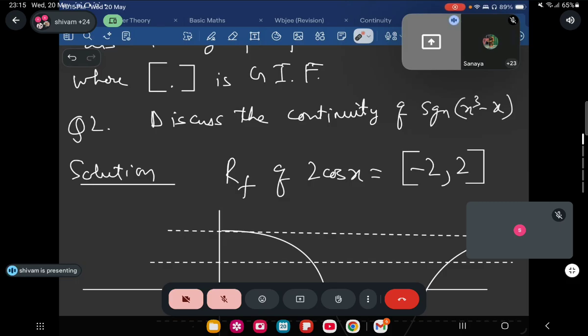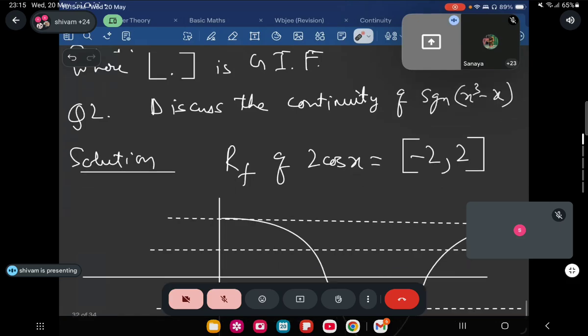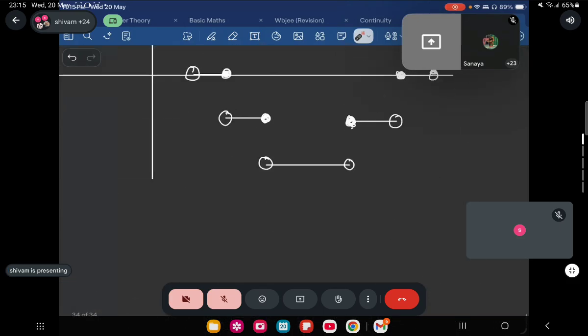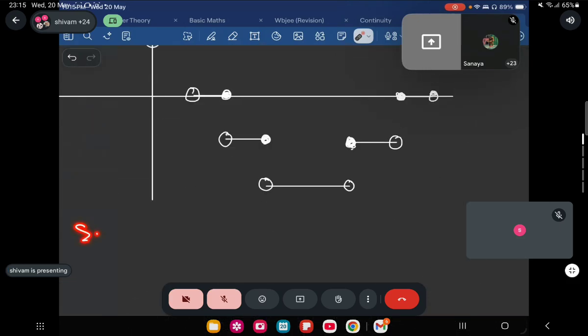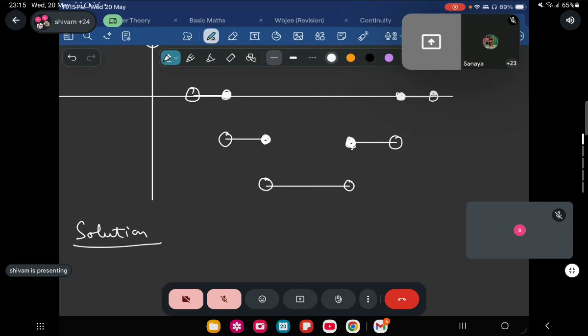Shania, you have to write down the points of discontinuity. Yes, Akliba, right answer. Soham, right answer. Pay attention, everyone. Number 2. Ronak, check your answer again. At what points will x cube minus x be equal to 0?